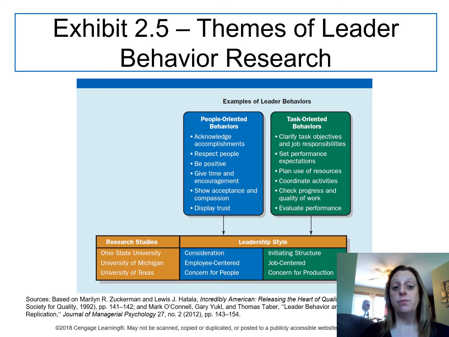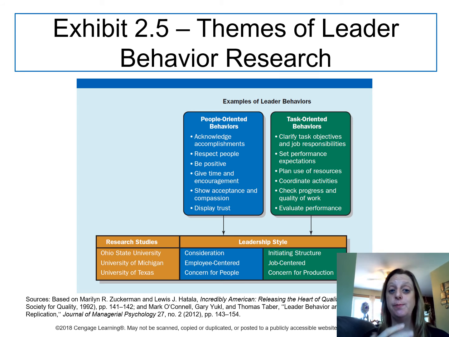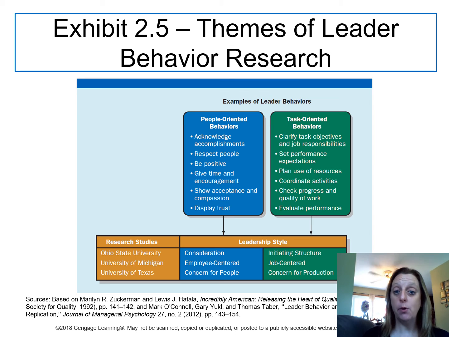And the leadership grid basically describes major leadership styles based on measuring both concern for people, the employee-centered or people-oriented behaviors, and the concern for production or the task-oriented behaviors, especially measuring this on a gradient, right?